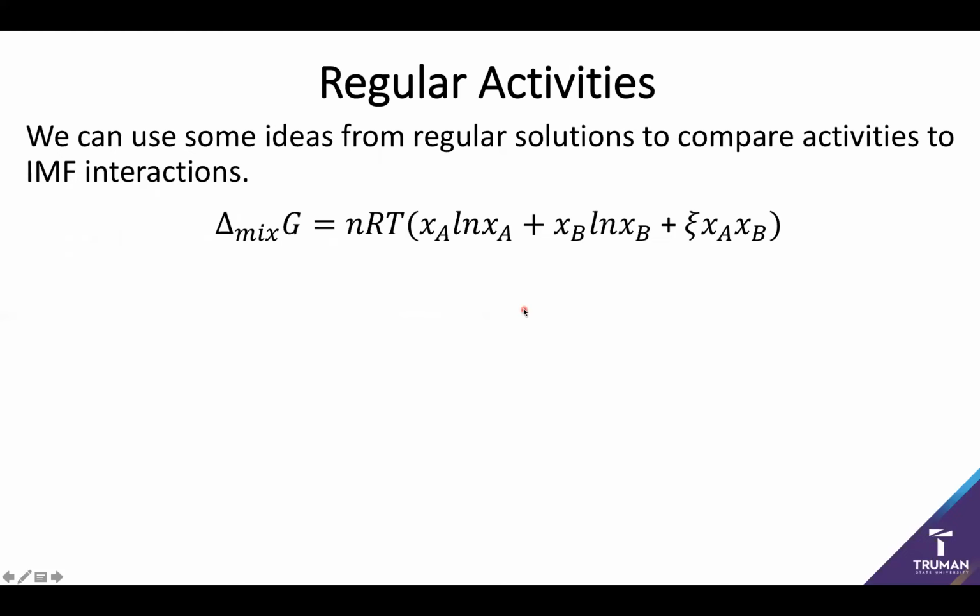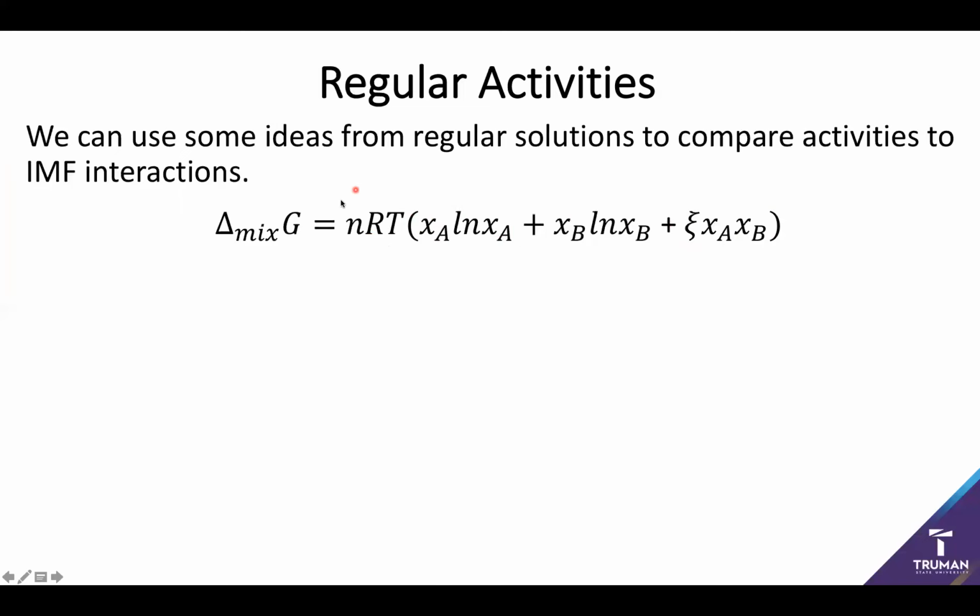So what we can do is use our equation for the Gibbs free energy of mixing for a regular solution, which, as a reminder, is related to a factor based on the entropy of mixing A and B together, plus our excess enthalpy, which is based on the IMF strength and the frequency of interactions.